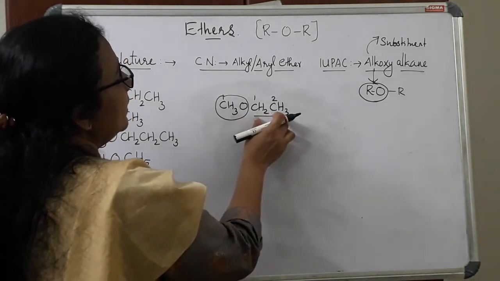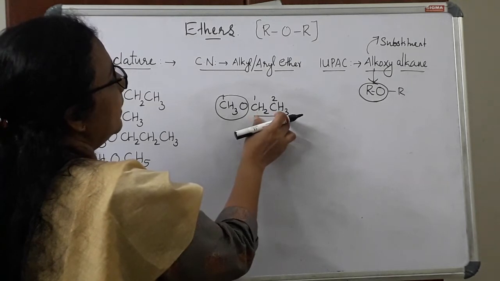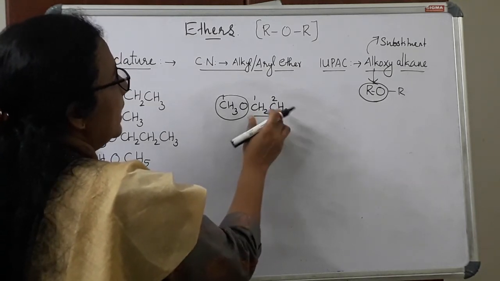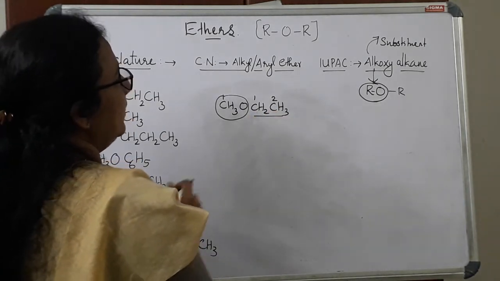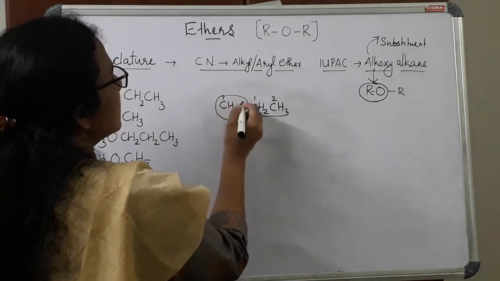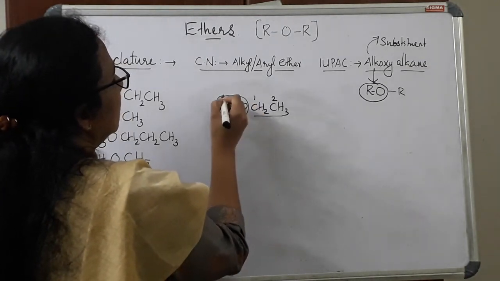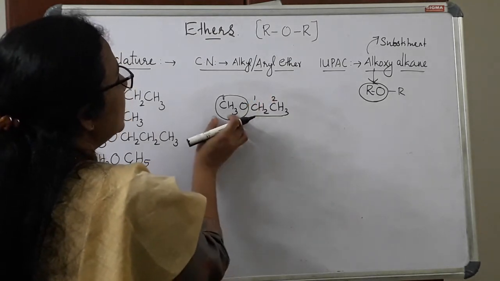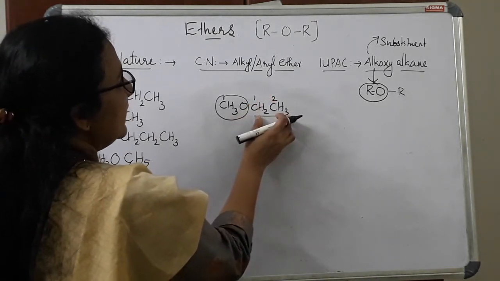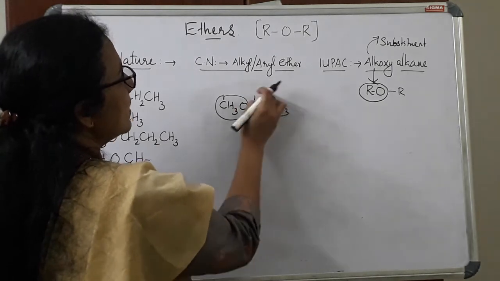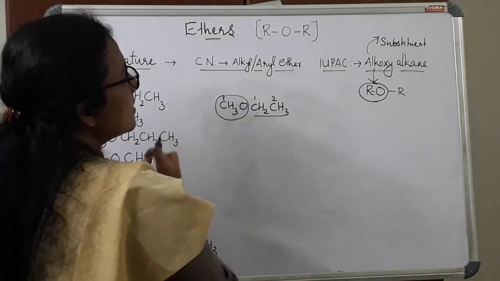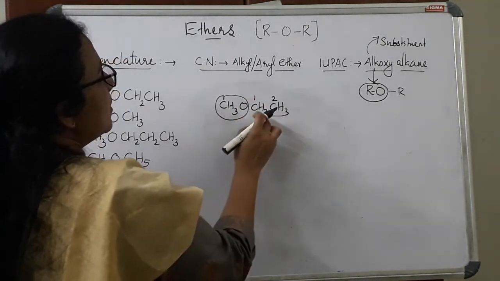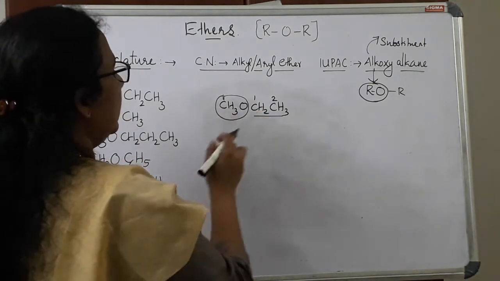So whichever alkyl part has the longest chain is considered as the alkane part. Here there is one carbon atom, here there are two carbon atoms. So one is the methyl part and the other is the ethyl part. So this will be the longest alkyl group, and this is considered as the alkane part.